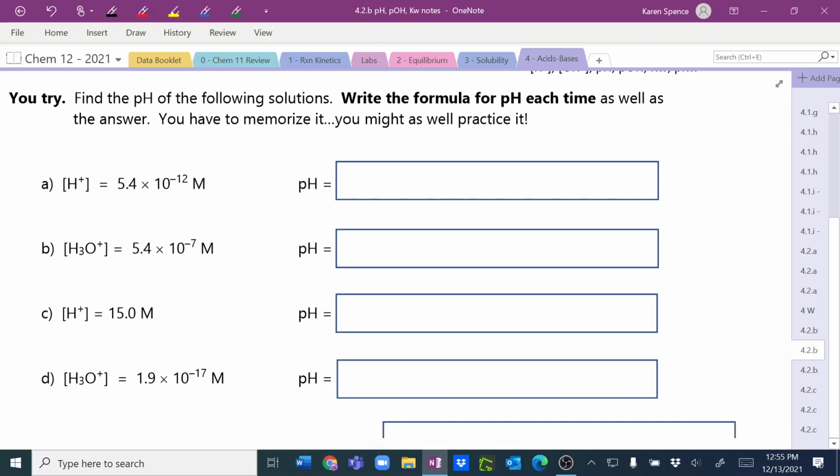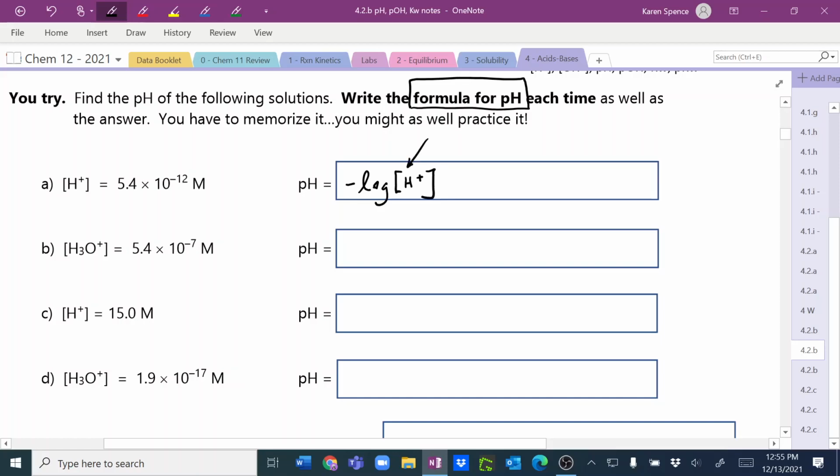We're going to find the pH for the following solutions. The first thing you're going to do, because you need to memorize the formula for pH, you might as well write the formula for pH every time you do this. Also, if it's a written response question, you get marks for writing pH equals negative log of hydrogen.